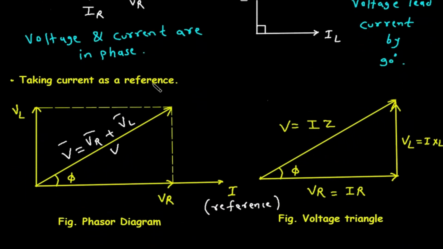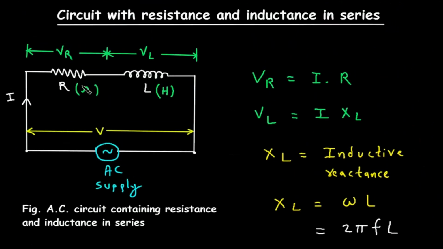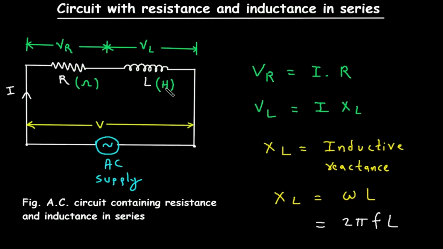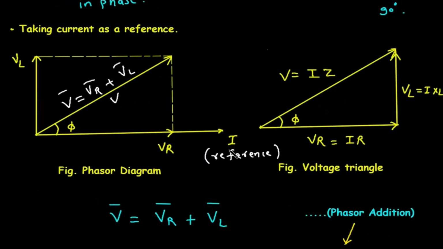Now taking current as a reference, because the current is the same in both resistor and inductor. So we are taking current as a reference. Here we can see in this phasor diagram, this current is taken as the reference. Now this current and this voltage VR are in phase.